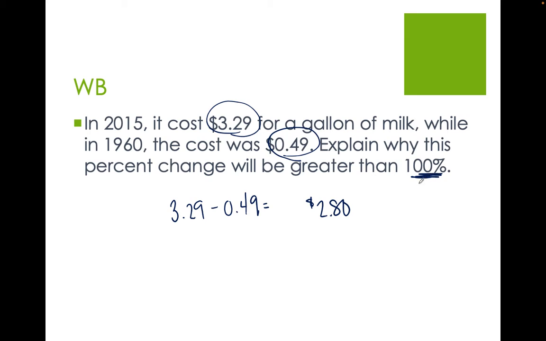This is greater than 100% because the change in price is greater than what the price was in 1960. So $2.80 out of 49 cents is going to be greater than 100 because our original value here of 49 cents is going to represent our 100%, and that's what we're comparing 280 to.